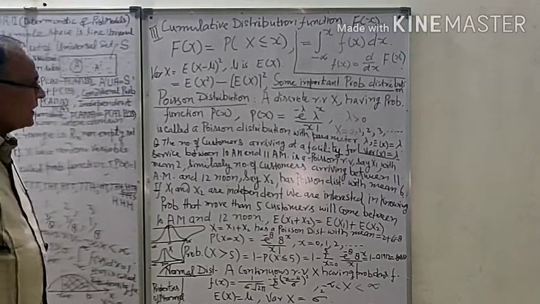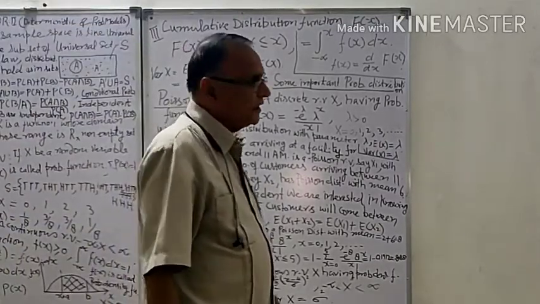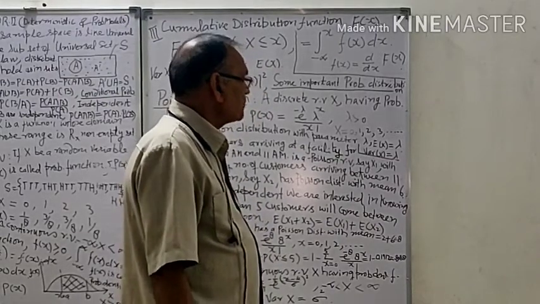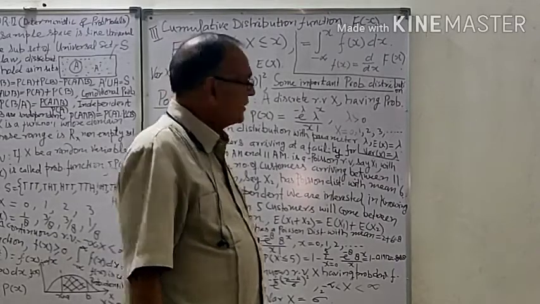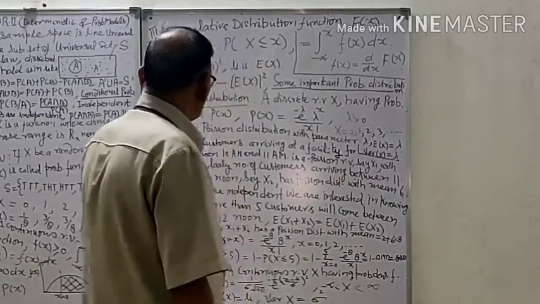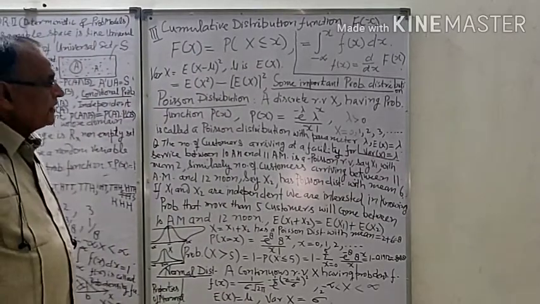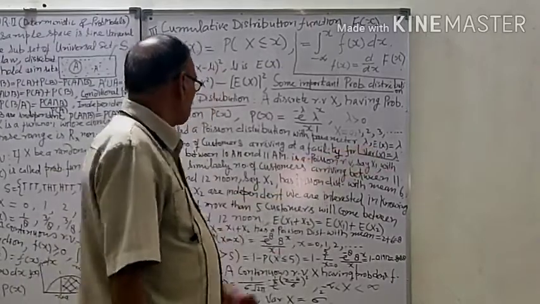Here, in case of this Poisson distribution, lambda is a parameter and which happens to be its mean or the mathematical expectation. The variance of Poisson variate is also lambda, that parameter.